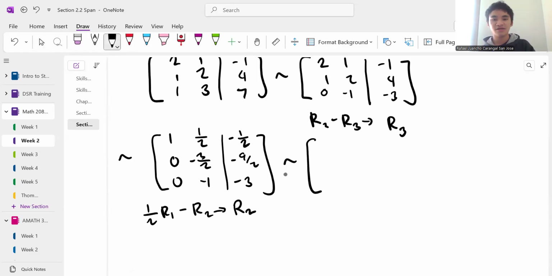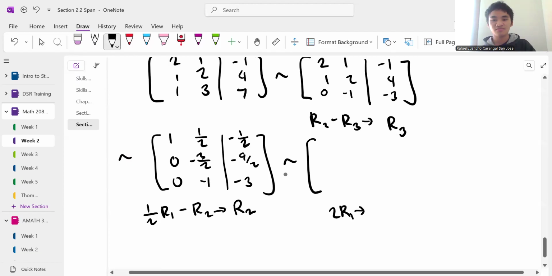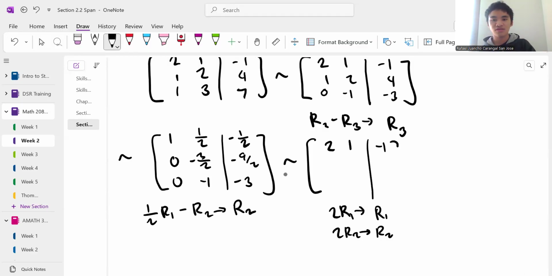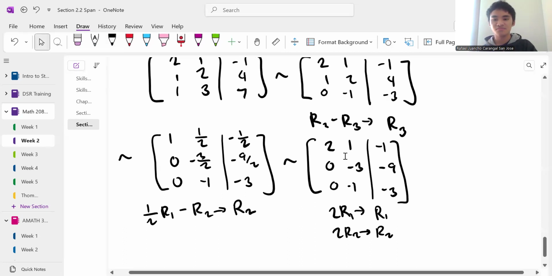So I'm going to multiply 2 to R1 and 2 to R2. So this gives me a 2, a 1, negative 1 back. This gives me 0, 0, 3. Gives me negative 3, negative 9.